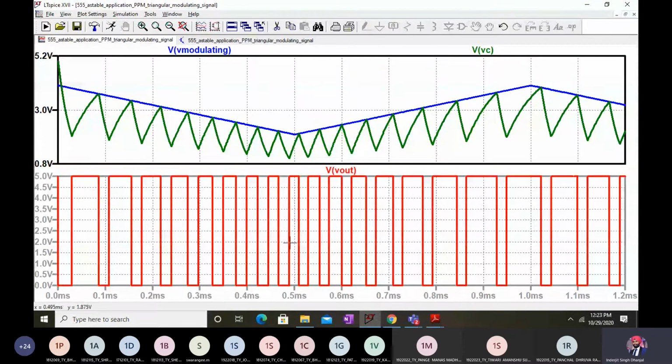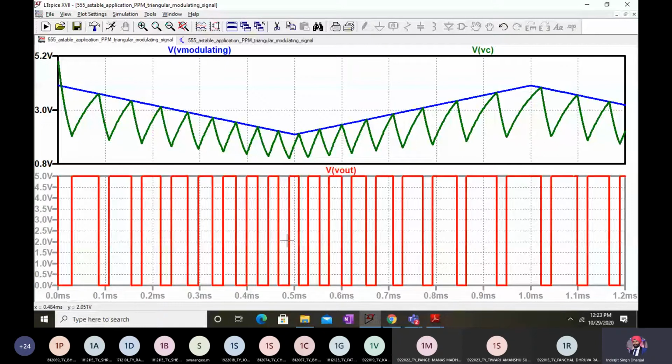So what do you understand from the output? Anyone? Hello? Anyone, please respond. What do you observe uniquely?